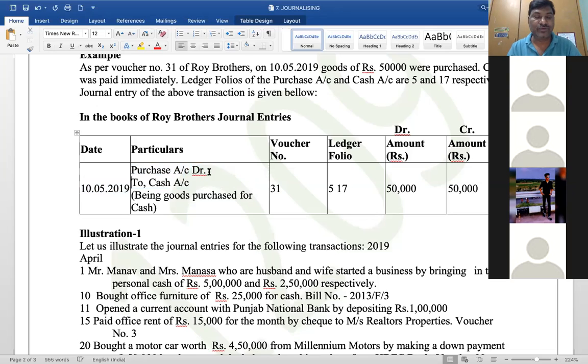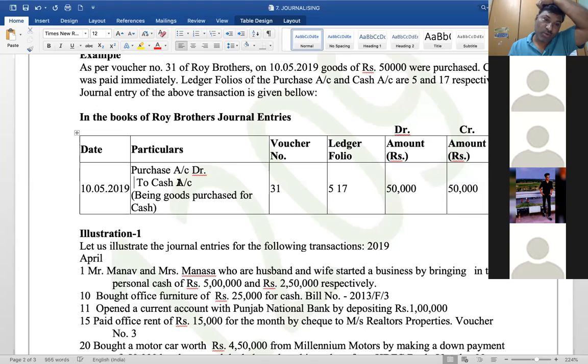When you come to the next line, you have to leave 2 letters of space and write to cash account.